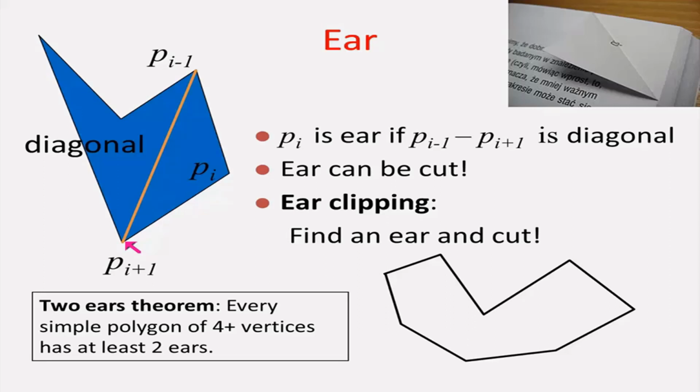So triangle decomposition should just search for ears, cutting them until a single triangle remains. The proof of the two-ears theorem is based on the recognition that any polygon can be broken down to triangles by diagonals, at least any simple polygon.